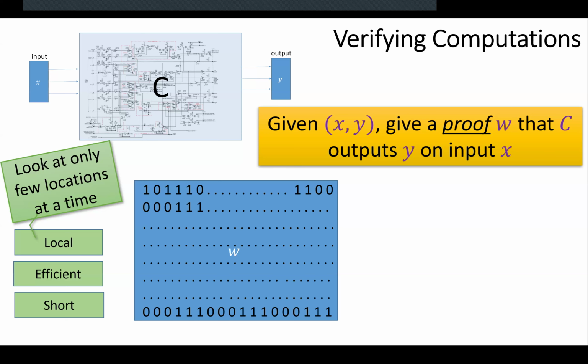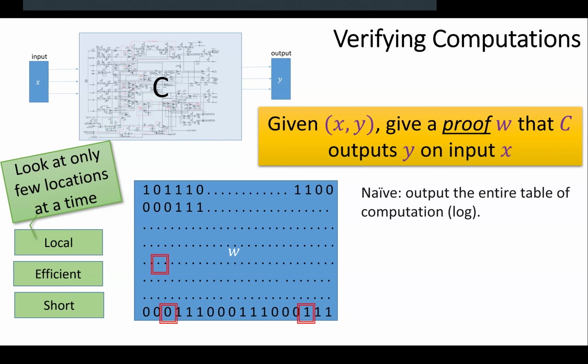Okay. So these are all of the properties that you want. Locality, as I said, means you look at a handful of bits, do something, then some other bits, do other things, then other bits, do more until you accept or reject. So what would be a naive witness?